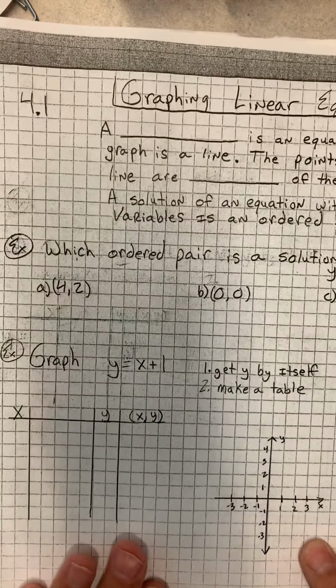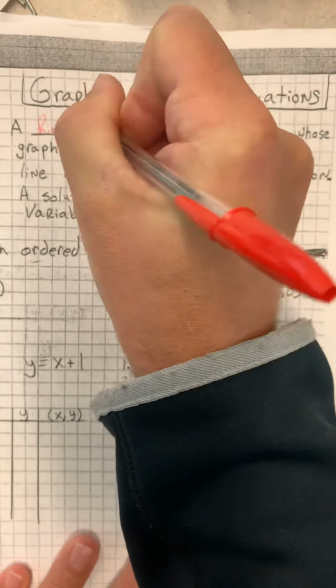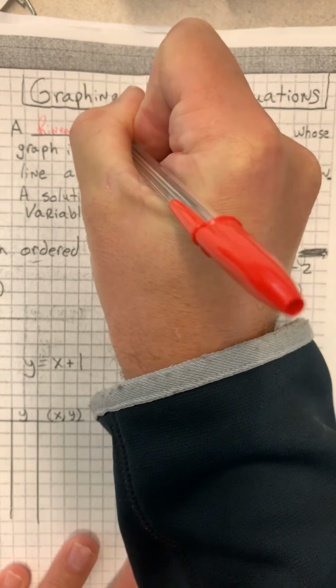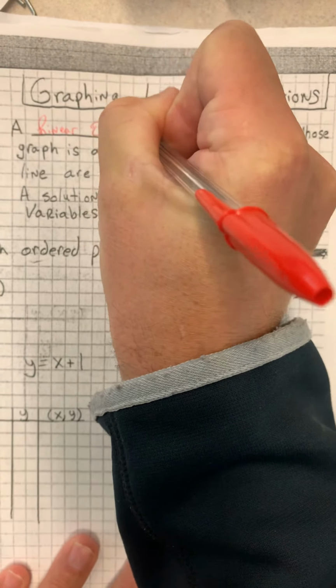So today we're going to talk about graphing linear equations. Linear equations are equations that, when I put them on a graph, make a line. A linear equation is an equation whose graph is a line.